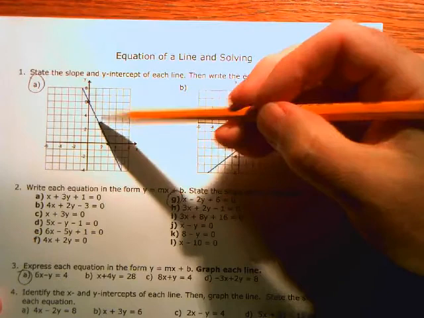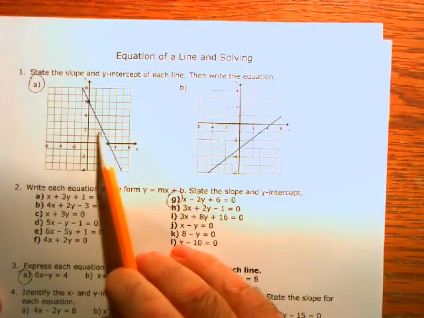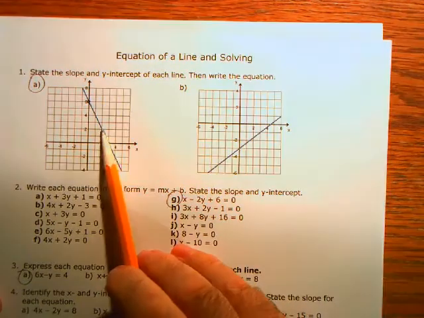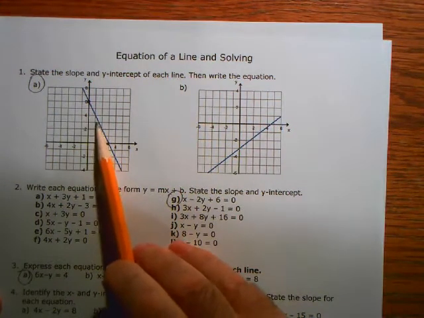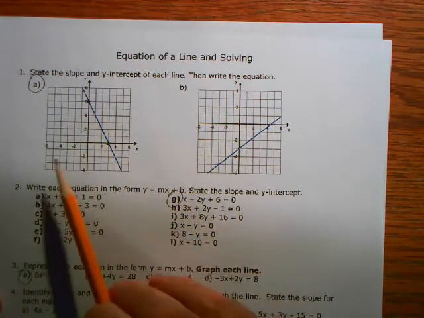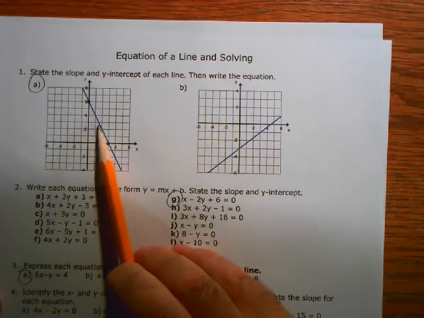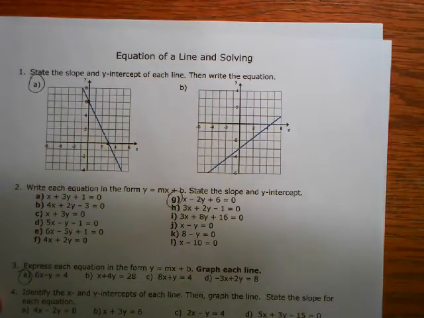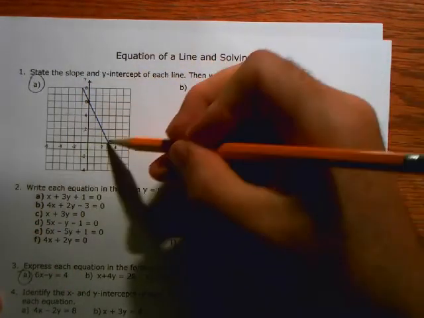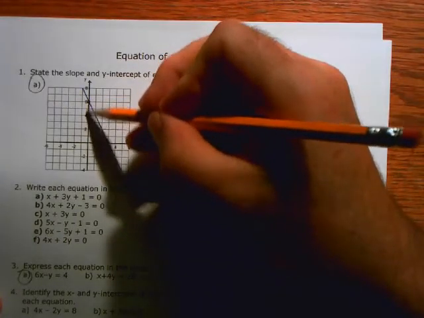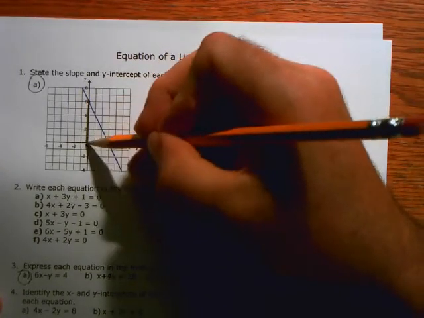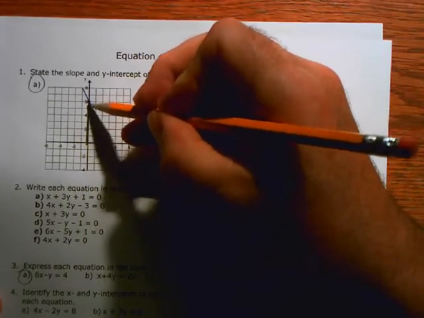Like you would never pick a point around here. That one looks like it's close, but we're not sure. But the points every second value, you don't guess. You don't say, well, that looks like it's 1.5. So let's pick these two points, and from that, we kind of build a triangle for our rise and our run.